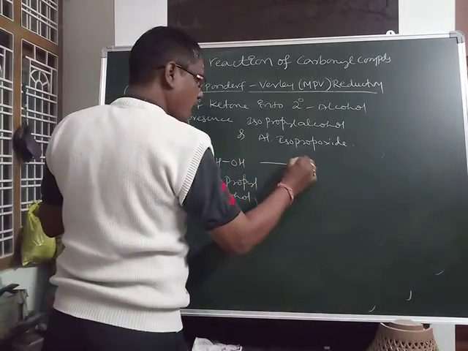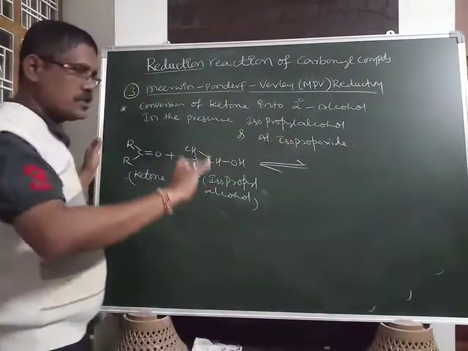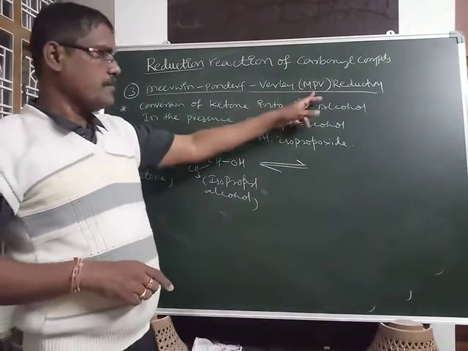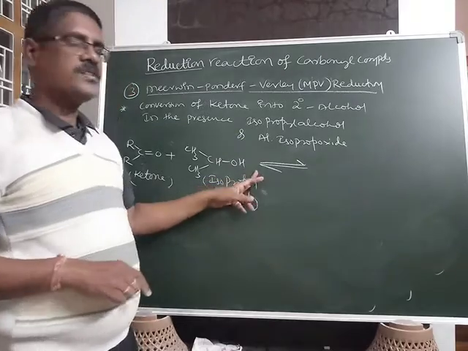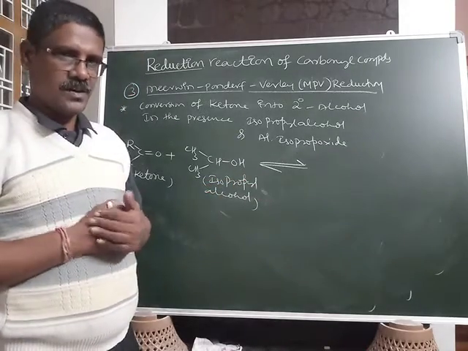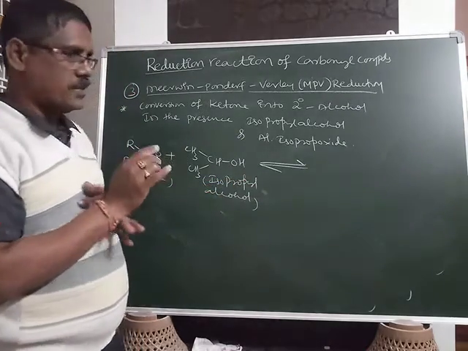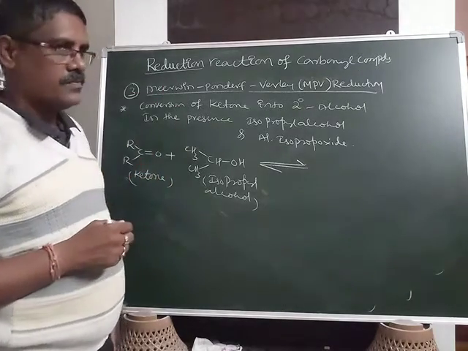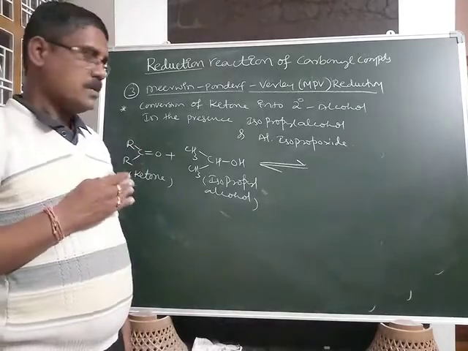This is the double arrow. Forward is the reduction, backward is the oxidation. The forward reaction is known as MPV reduction. The backward reaction is called Oppenauer oxidation. Already I gave it at the time of preparation of carbonyl compounds, or properties of alcohols.